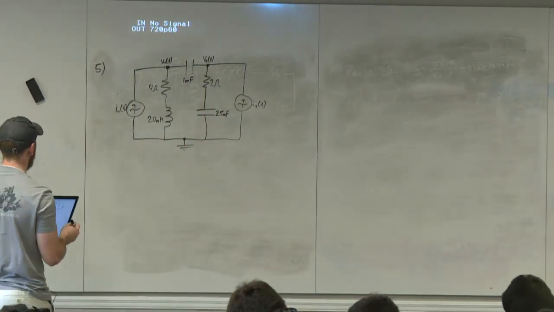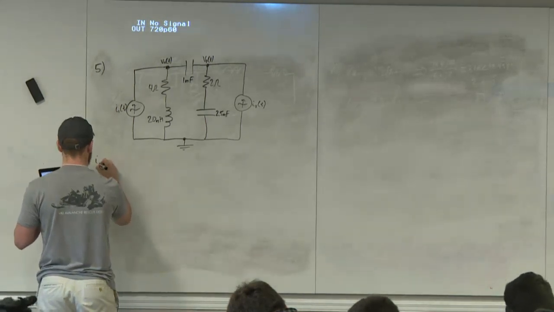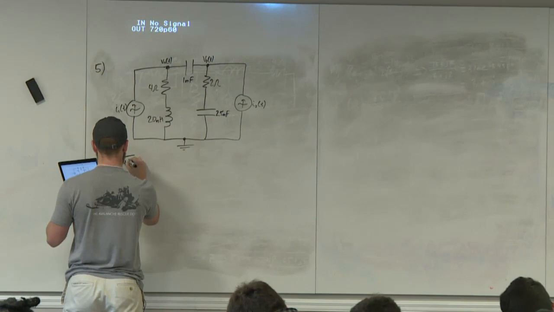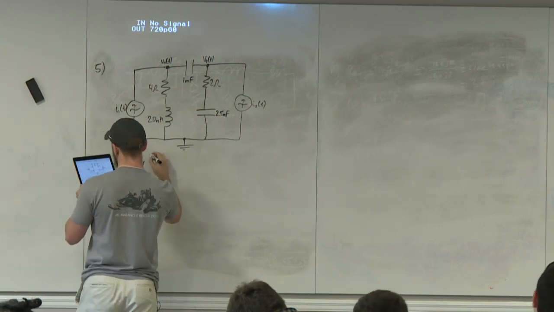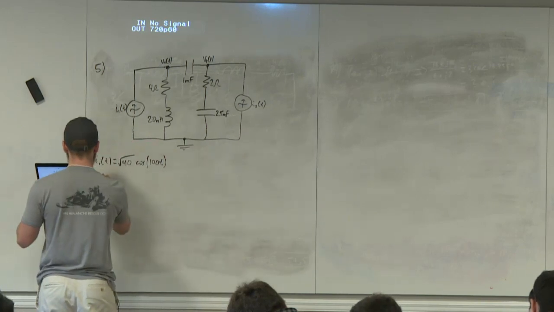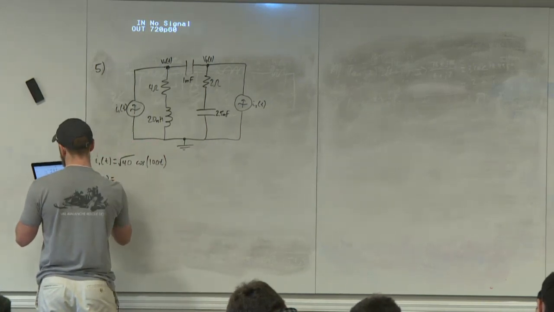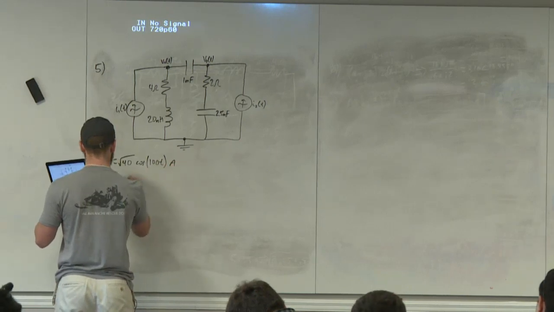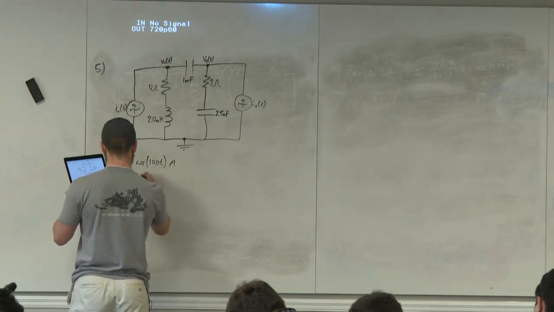So we're given that I1 of t is equal to square root 40 cosine 100t, and that I2 of t is equal to 2 sine 100t.